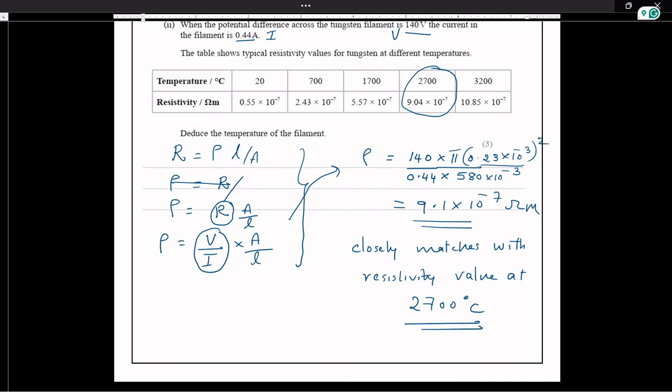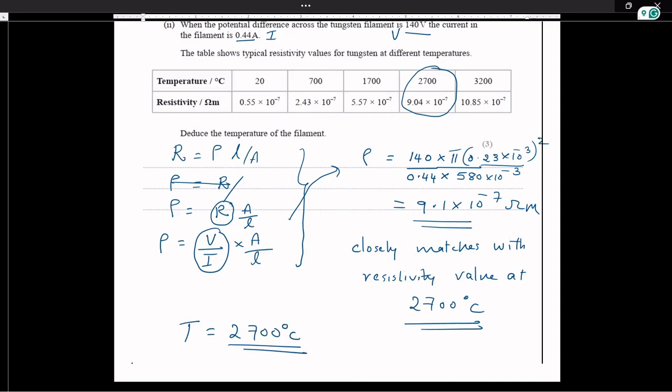So the answer is temperature equals 2700 degree centigrade.